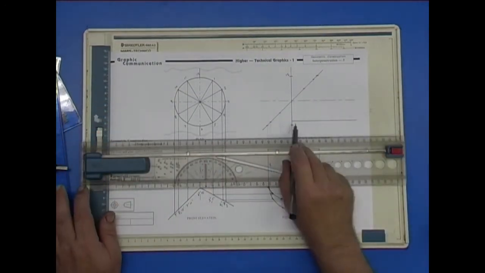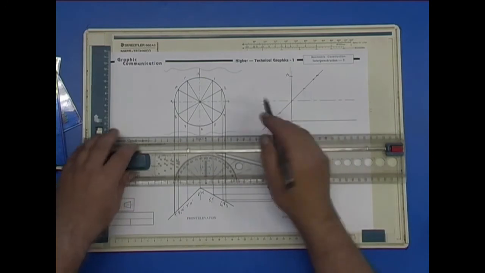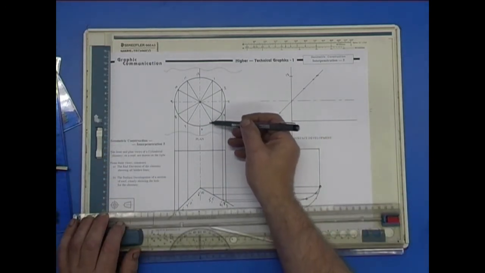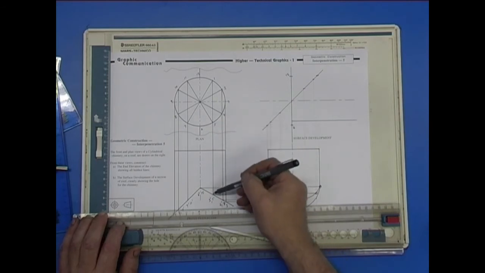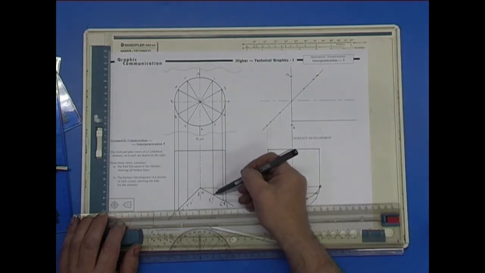So from the centre, point 6 is there, I need a distance out for this. And the distance out, the true distance between there and that line, can only come from this view measuring down the slope.